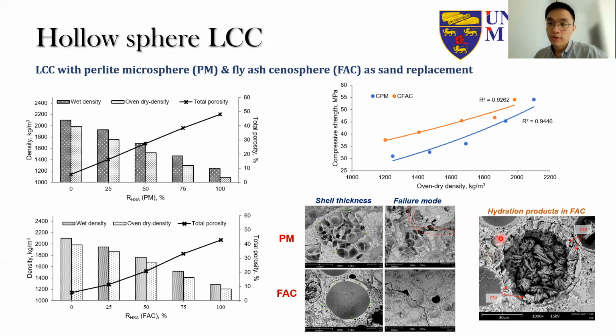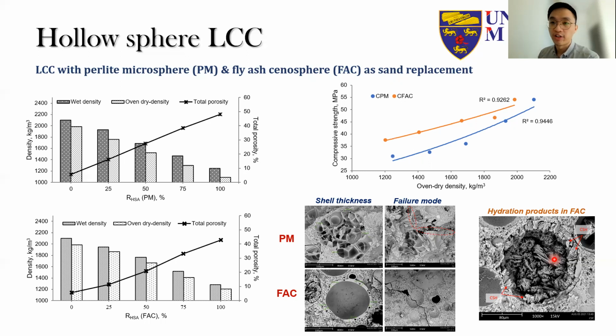And we also believe that there are also certain reactions of the fly ash cenosphere, because it is also considered a pozzolanic material. So there are formations of CSH around the shells, and this may also be one of the factors that improves the strength, because it improves the interfacial transition zone.